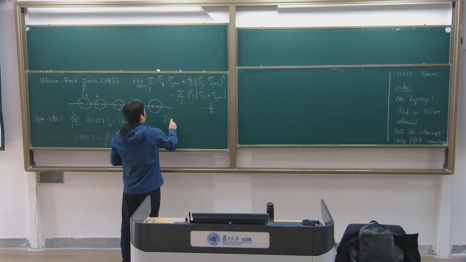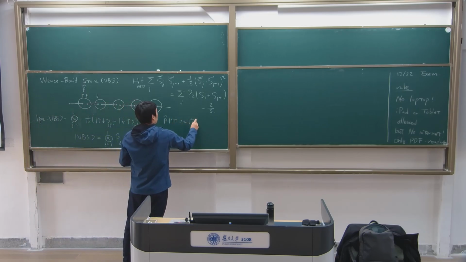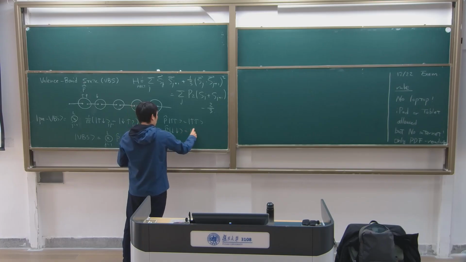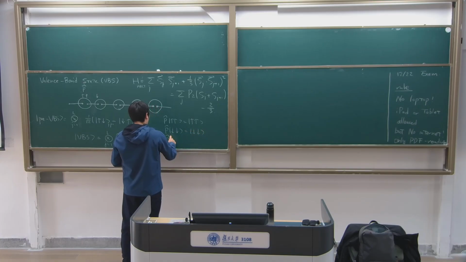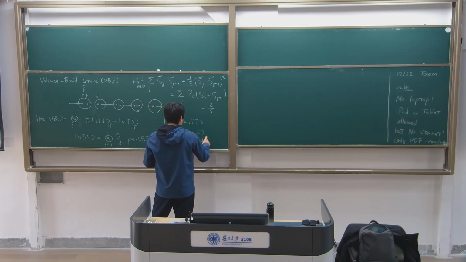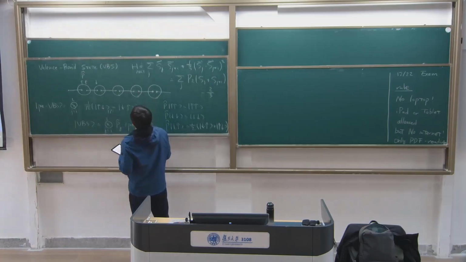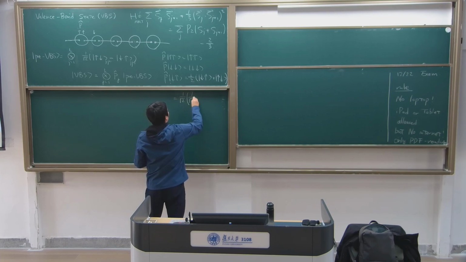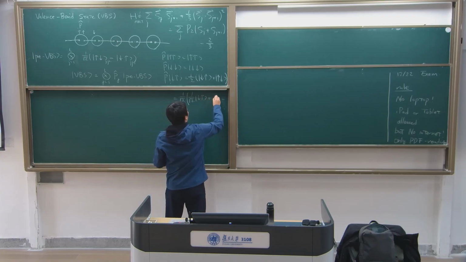P hat is just a projector, and this can be written with a root 2 times root 2, like this.